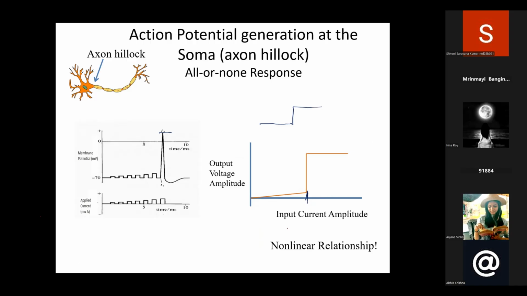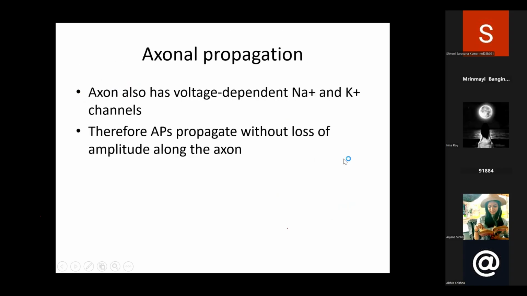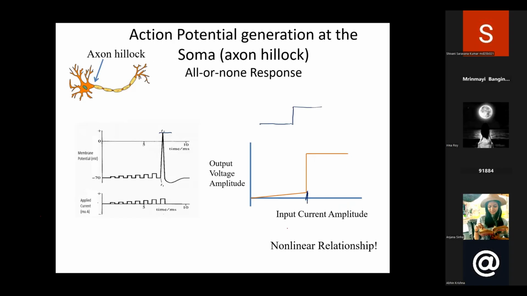So the current-voltage response of a neuron is highly nonlinear. You can think of it as almost like a step response: up to some point, a slow linear increase, and after threshold, a sudden nonlinear rise. This response is called all-or-none, almost like a step-like response.